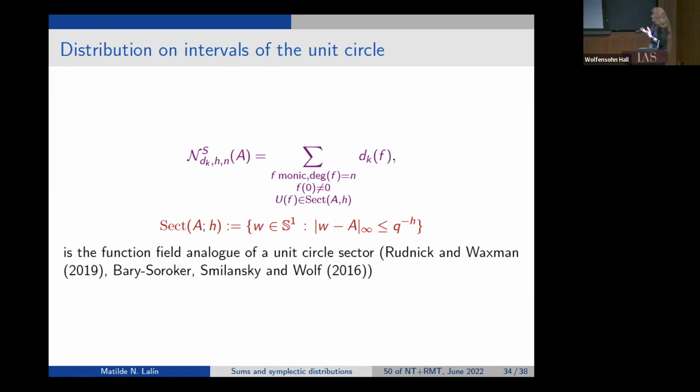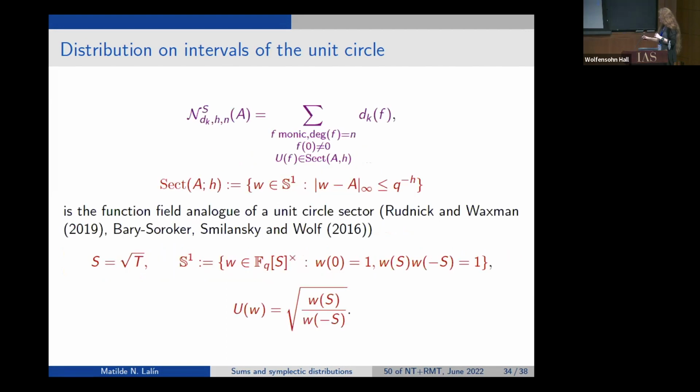And then something that is akin to the argument has to lie in a certain sector of the unit circle. So my sector of the unit circle is going to be defined depending on A. So A will be the middle point, as I had before, the middle point for an interval, and then H will be the width.